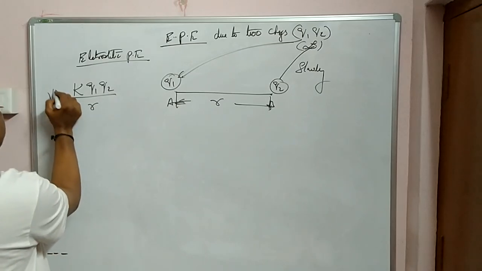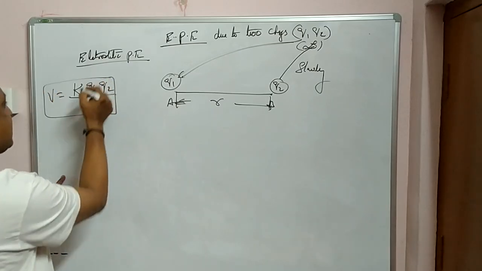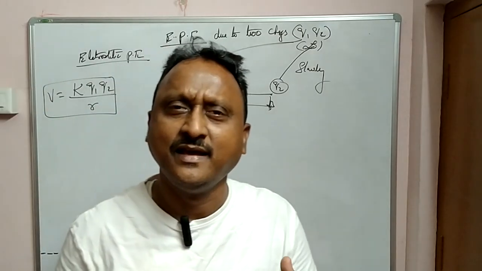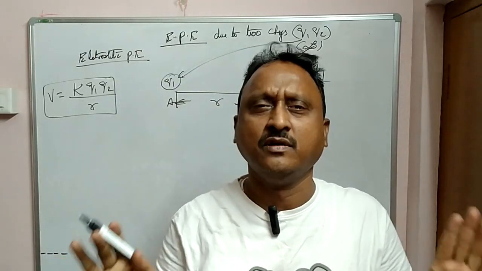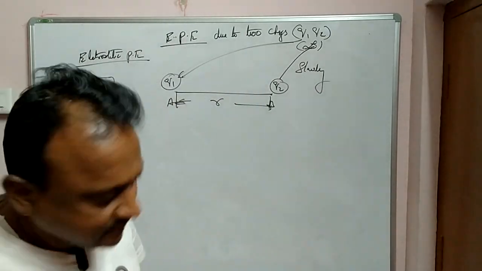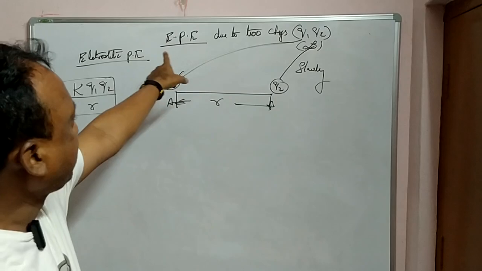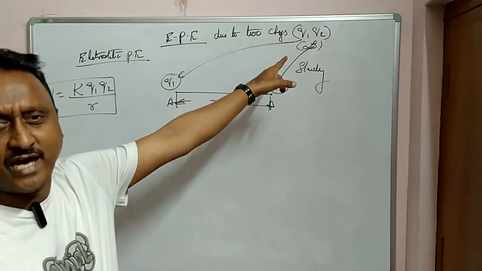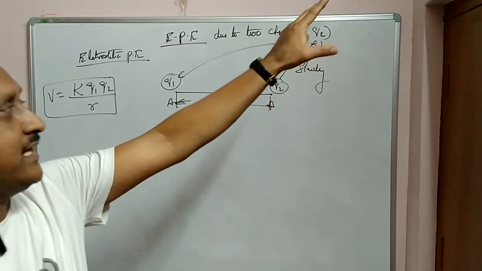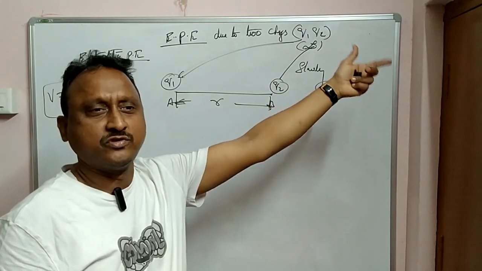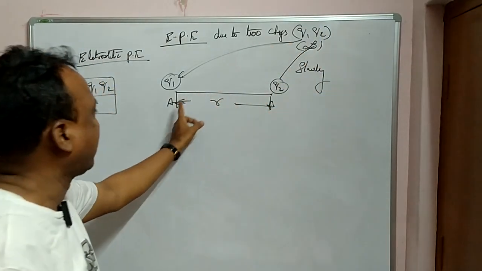Okay, this is the electrostatic potential energy, and K, you know, is 1 by 4 pi epsilon naught, a constant. So this is the formula for electrostatic potential energy due to two charges Q1 Q2, and it is the amount of work done in moving those two charges from infinity slowly to the required point.